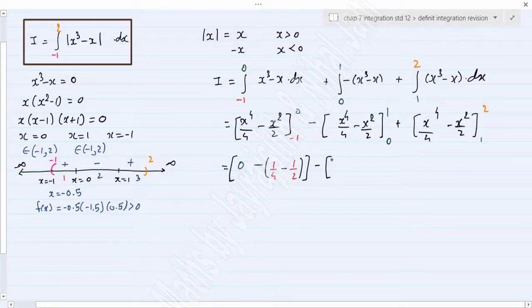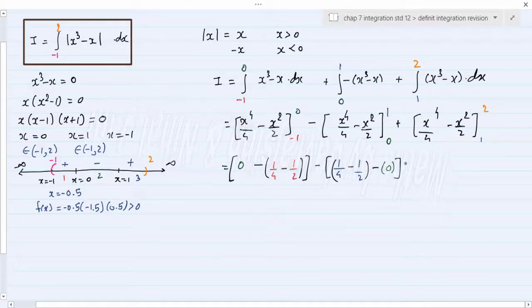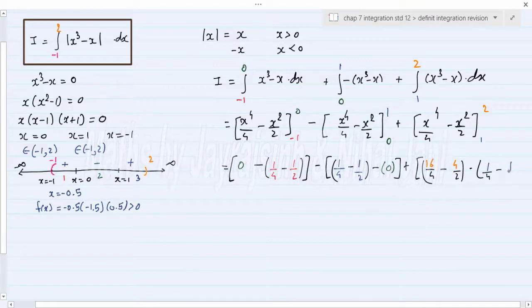Upper limit is 1, so place 1, we will get 1 raised to 4 upon 4 minus 1 square by 2, minus lower limit is 0, so we'll get 0, plus it's time for the last term. Upper limit is 2, so 2 raised to 4 will be 16 by 4 minus 2 square will be 4 by 2, minus lower limit is 1, so we'll get 1 by 4 minus 1 by 2.